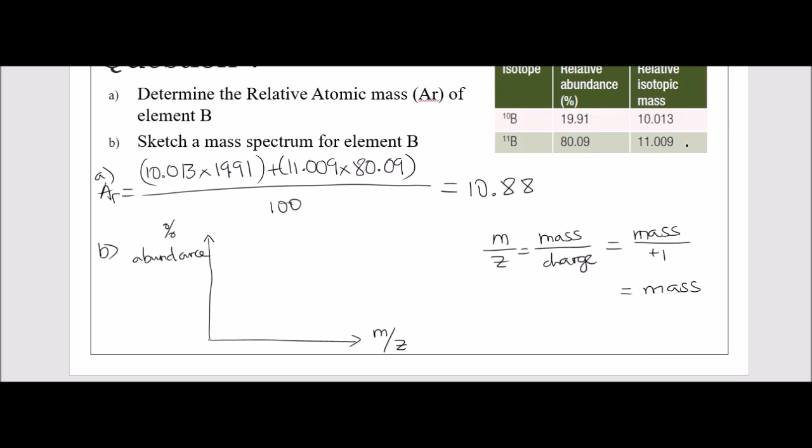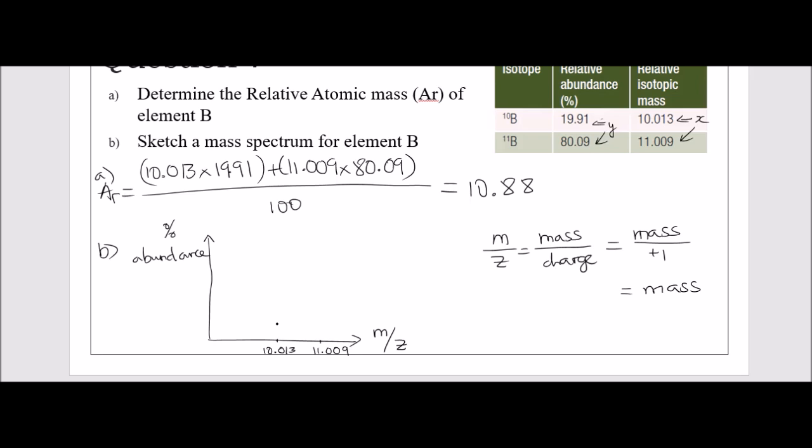Okay, so all you need to do is the relative isotopic masses will be the value of the x-axis, the horizontal axis, and I'm not going to be too fussed on scale as long as you label your points. Obviously, I'm not going to require you to spend a lot of time. 11.009. Now, these two values will be the y-axis, so you have 19.91.